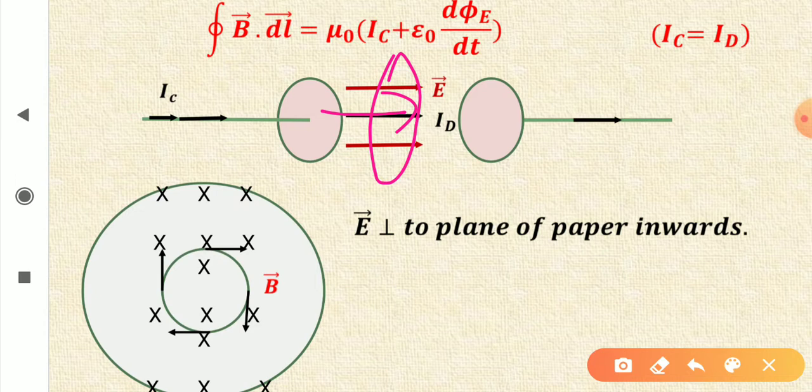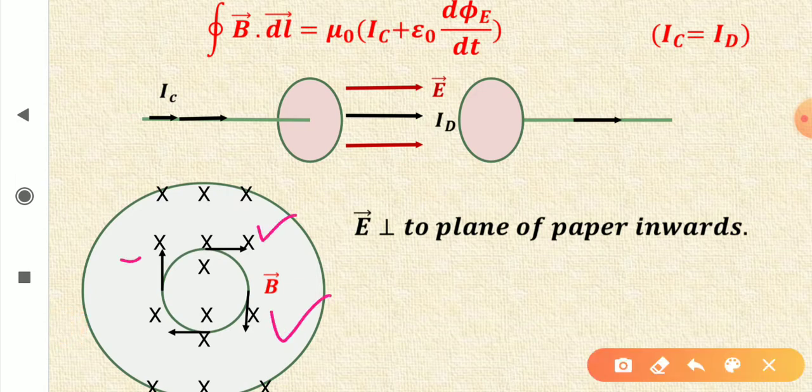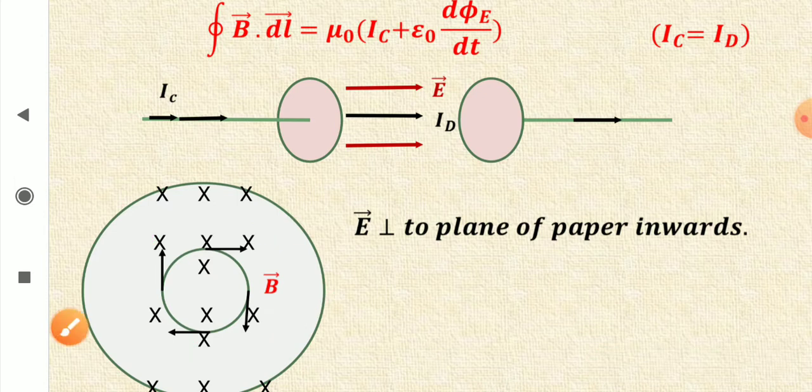So if the current is moving inwards and if you use your right hand rule, then this current will produce magnetic field along these concentric circular loops, and the direction of the field will be tangential to these circular loops. You can use your right hand to check it.